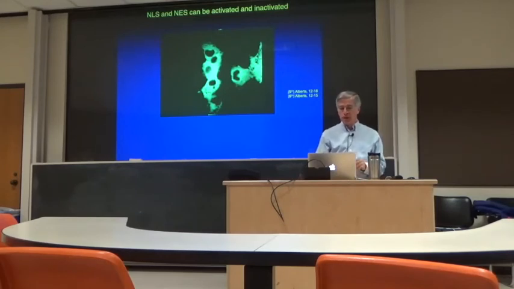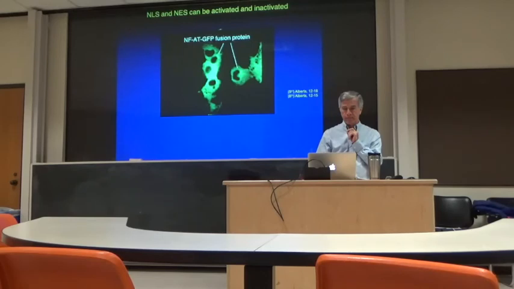Nuclear import and export can be directly visualized in living cells that express the green fluorescent protein GFP fused to the gene regulatory protein NFAT. NFAT is normally localized in the cytosol and excluded from the nucleus.